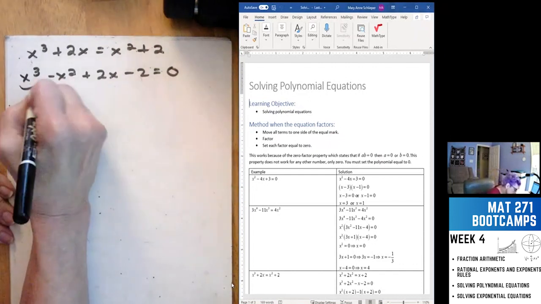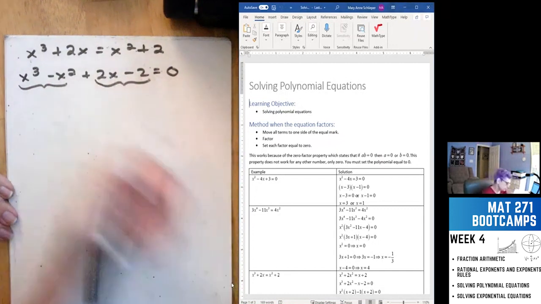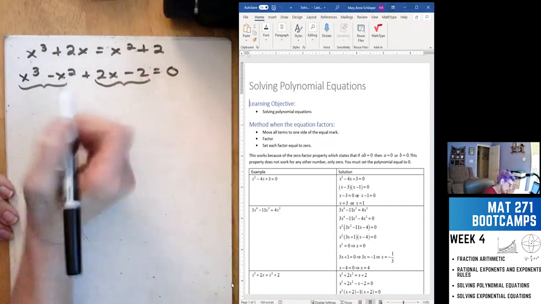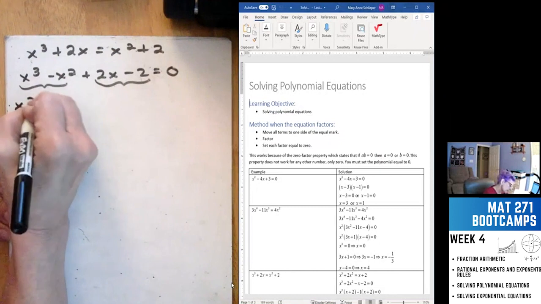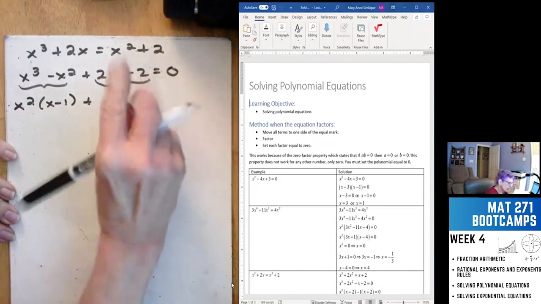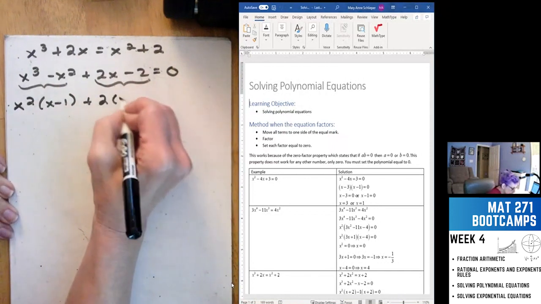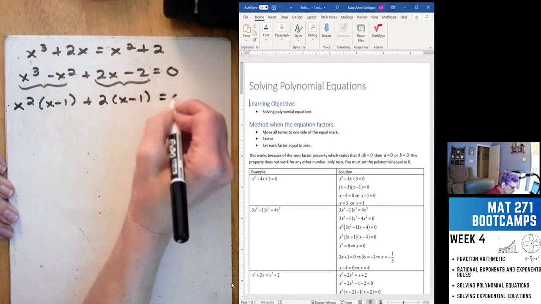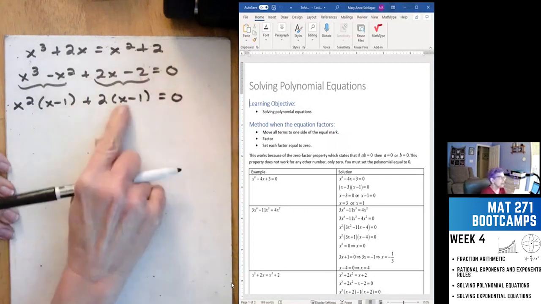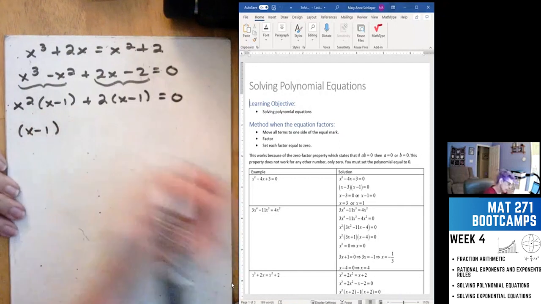So I look at this little partnership and I look at this little partnership. This one has a common factor of x squared. This little partnership has a common factor of 2. Well, now I have a common factor of x minus 1.